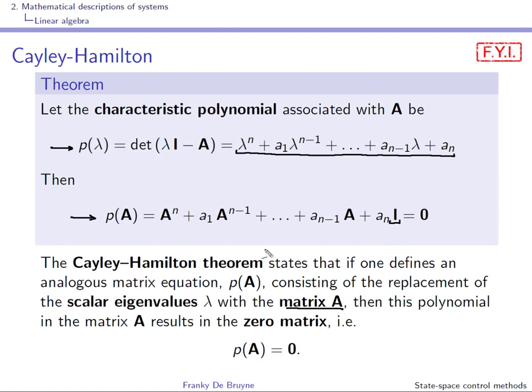And what the Cayley-Hamilton theorem says is that this polynomial constructed on A is the zero matrix.